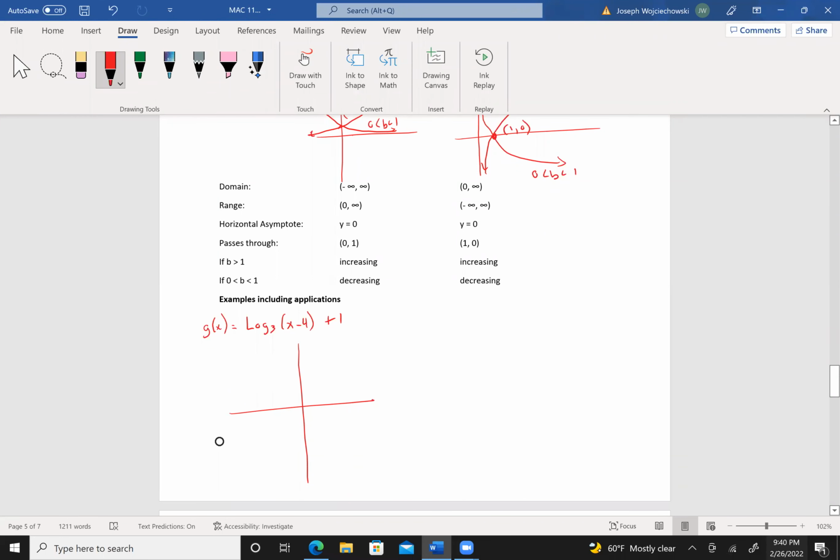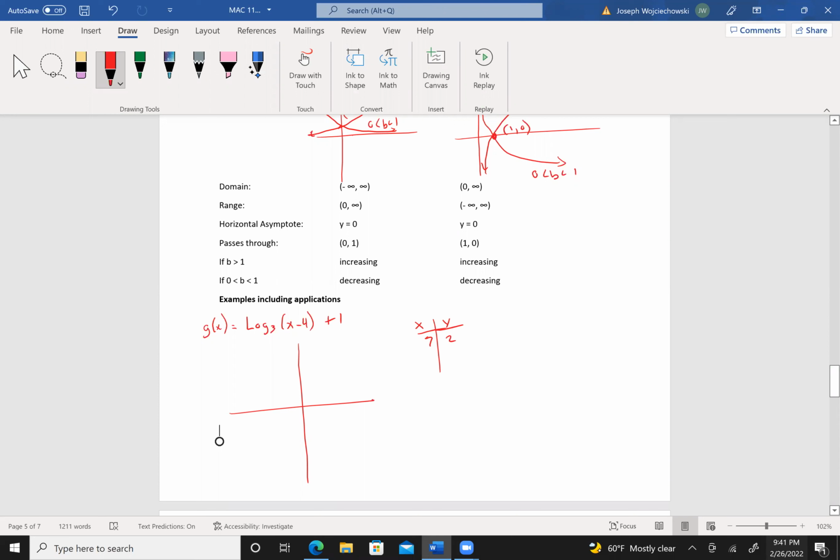Let's find some points on this, x and y. Well, if x is 7, this is 3. The log base 3 of 3 is 1. Okay, so we end up with 2.